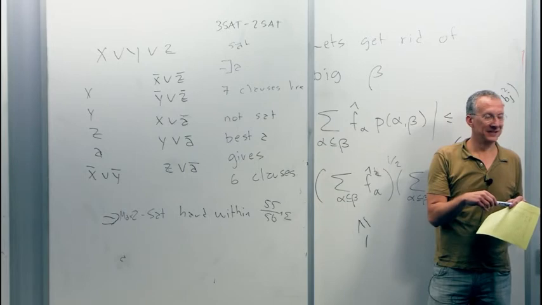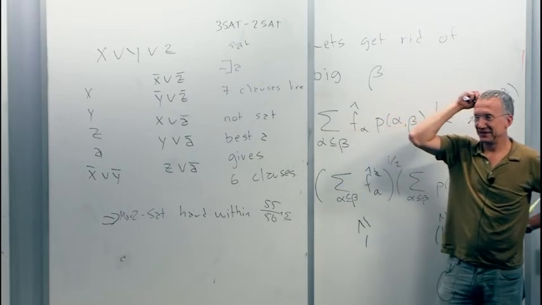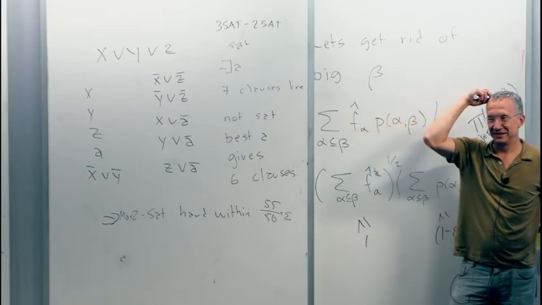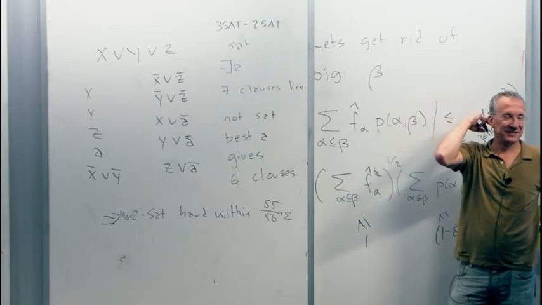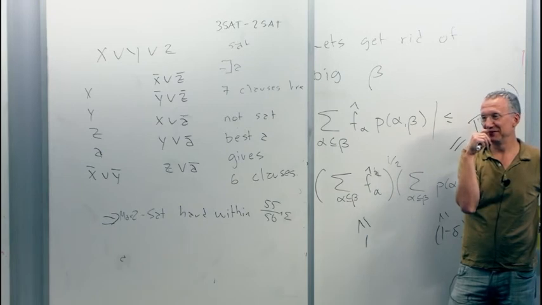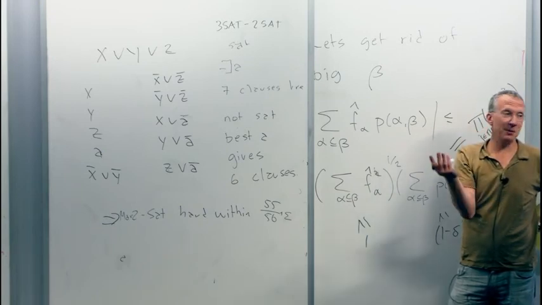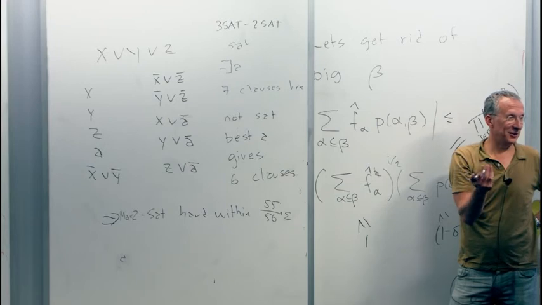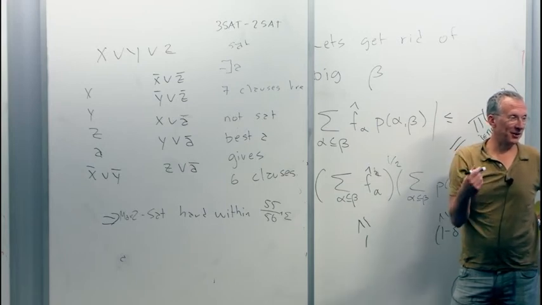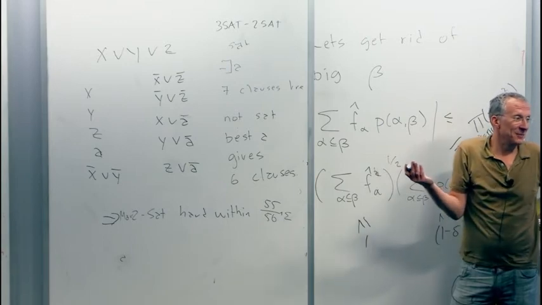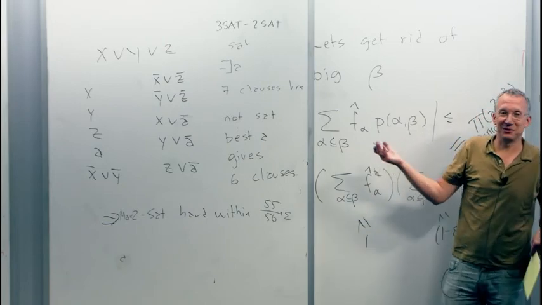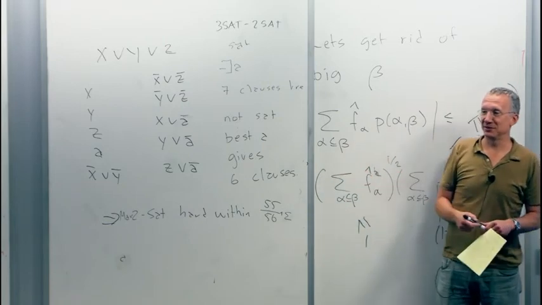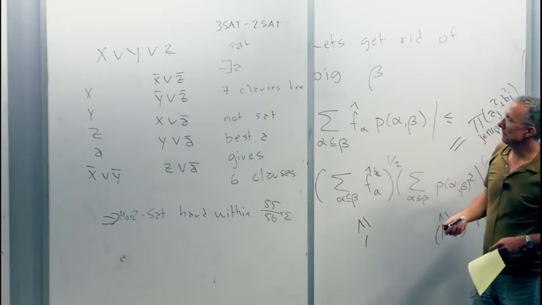Well, the PCP theorem is a global reduction: you take a 3-SAT and encode everything with a big polynomial. But I suppose you're right that all the reductions we knew before that time were by gadgets, the classical NP-hardness reductions.